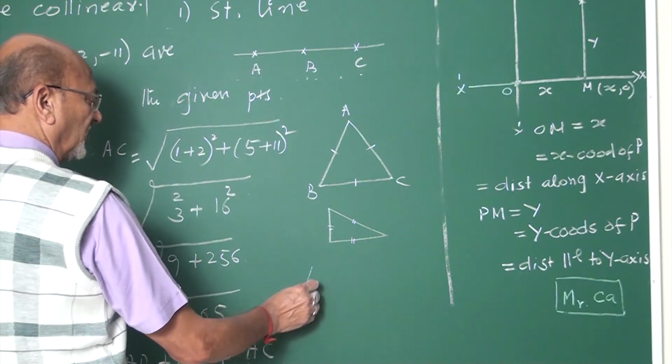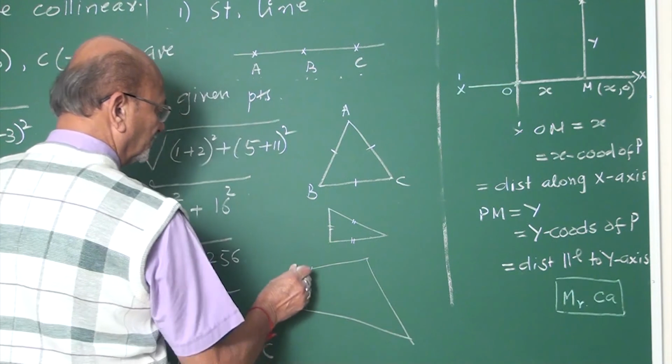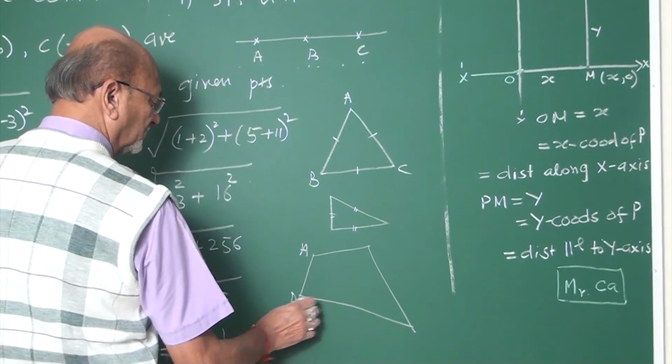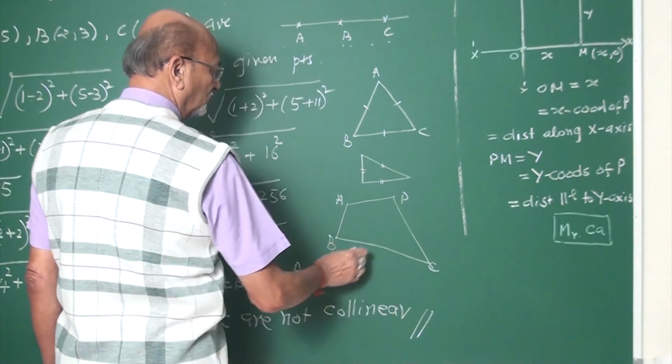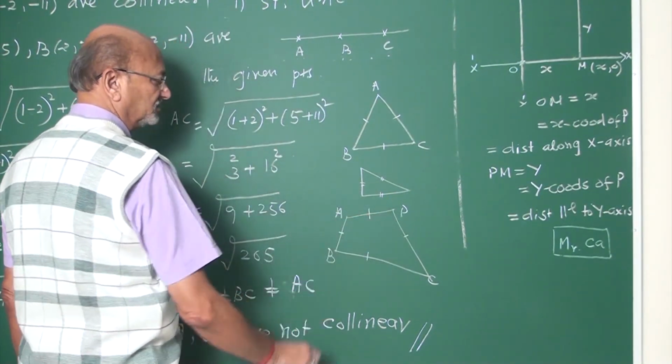If it is a quadrilateral ABCD, you have to find the sides AB, BC, CD, AD.